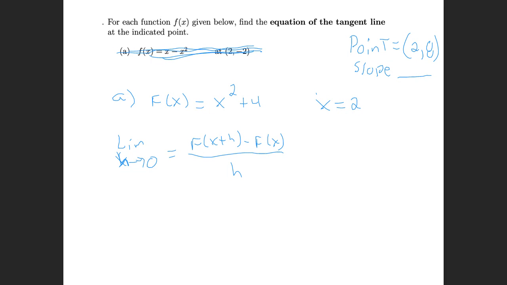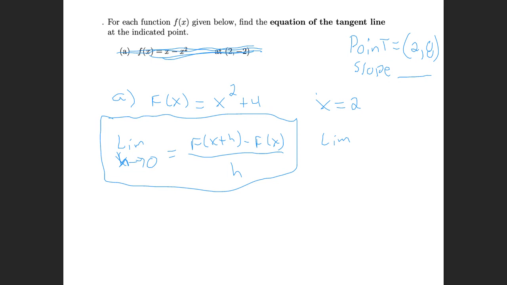I was looking at this and I don't think I would have used this. Can somebody tell me why I wouldn't have used this? I could have solved this problem without using this, and the reason is we have another formula that's a whole lot easier.